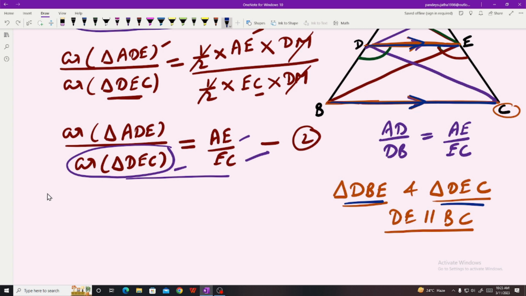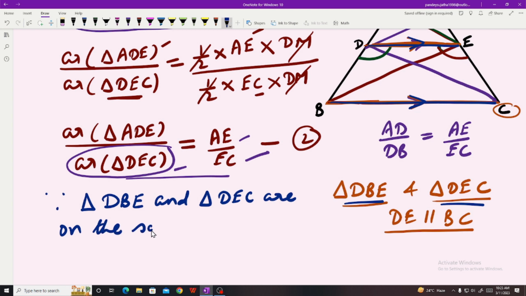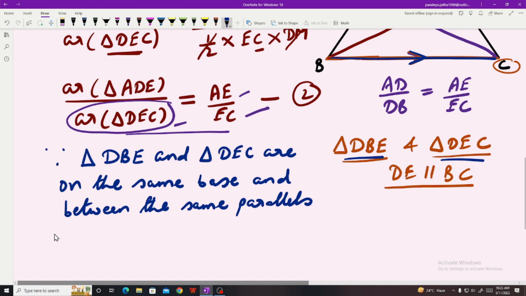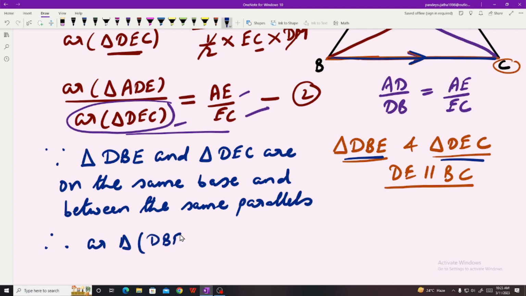So I'm writing here: since triangle DBE and triangle DEC are on the same base and between the same parallels, therefore area of triangle DBE will be equal to area of triangle DEC.